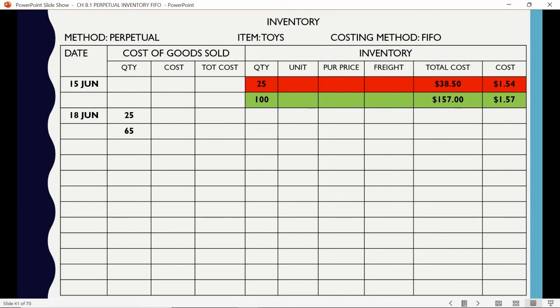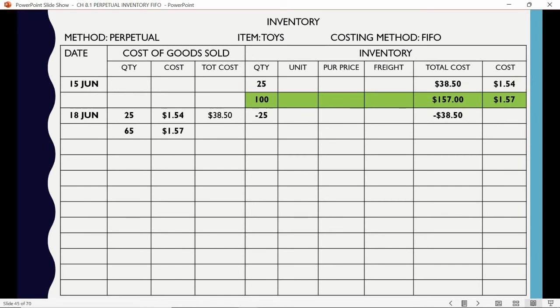Okay, so in this case, I'm going to take my red batch, which I know to be $1.54, and I'm going to get rid of this entire amount. So therefore, it's going to be gotten rid of, and of course, that means my red batch is gone.